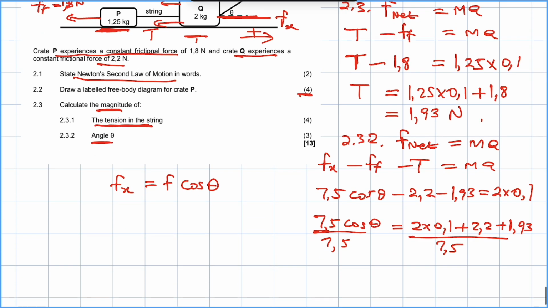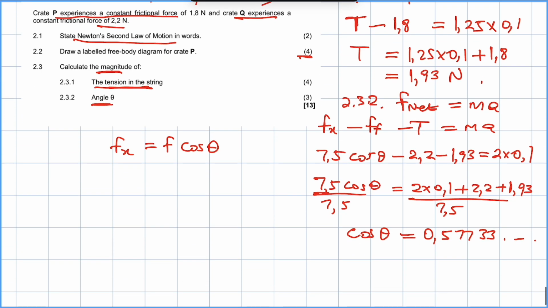Then you divide all of them by 7.5. So cos theta is equal to, when you put all of that on the calculator, 0.57733 and so on.